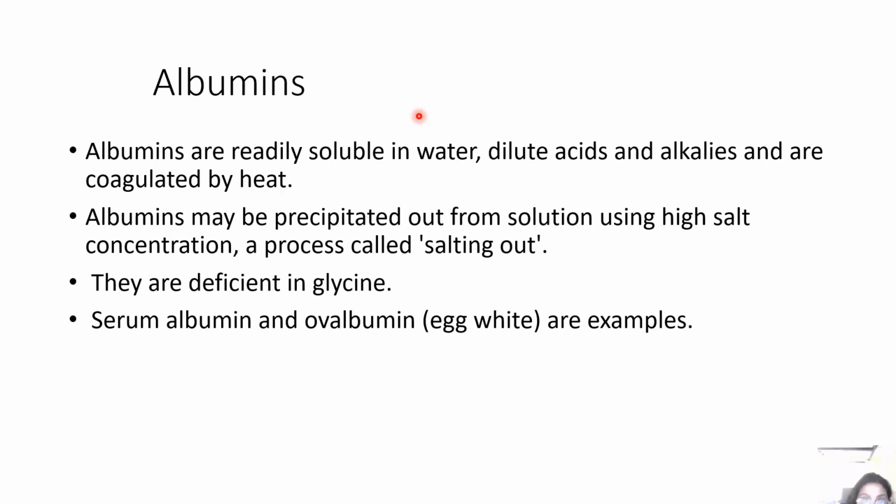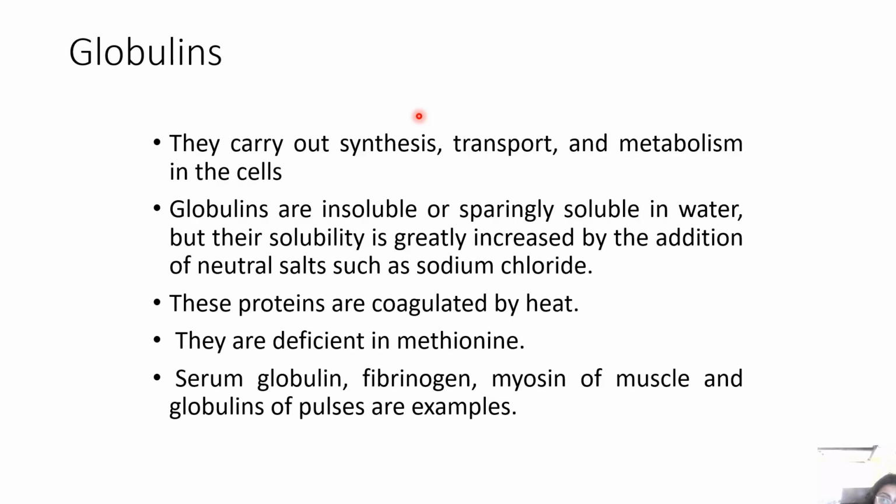Albumins are readily soluble in water, dilute acids and alkalis, and are coagulated by heat. Albumins may be precipitated out of solution using high salt concentration, a process called salting out. They are deficient in lysine. Serum albumin and ovalbumin are examples.